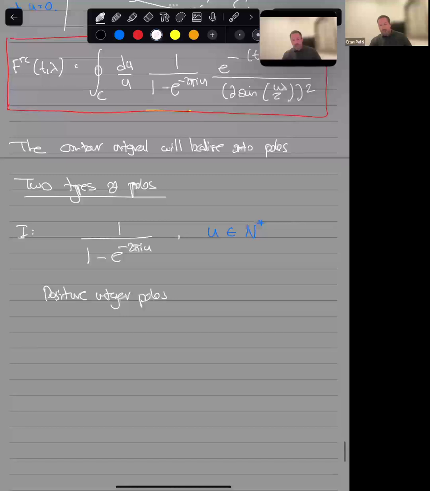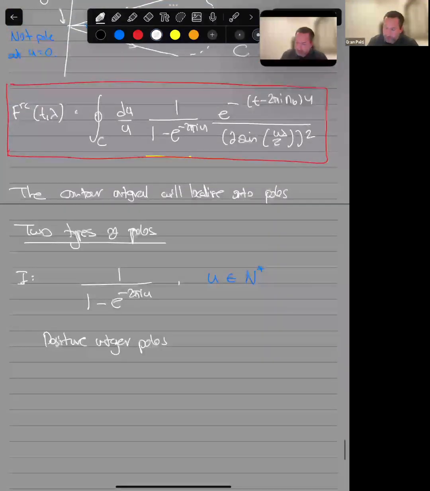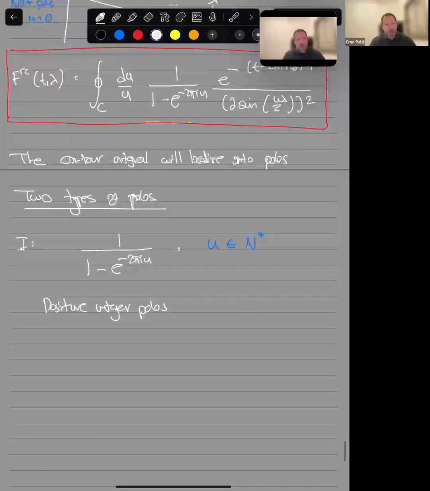And what is going to happen on those poles? Well, we can kind of see what's going to happen. We're just going to be evaluating u at a positive integer. And so we're going to get a sum over positive integers of this expression here, where u is a positive integer. That's in fact nothing but the original Gopakumar-Vafa sum.